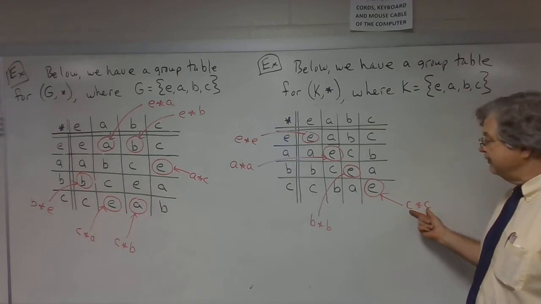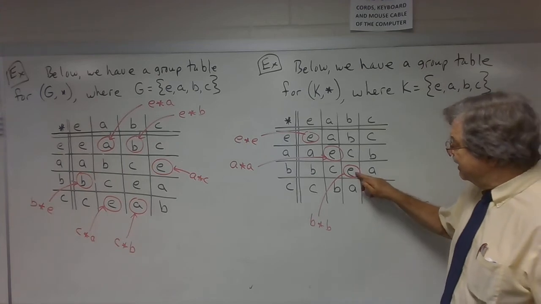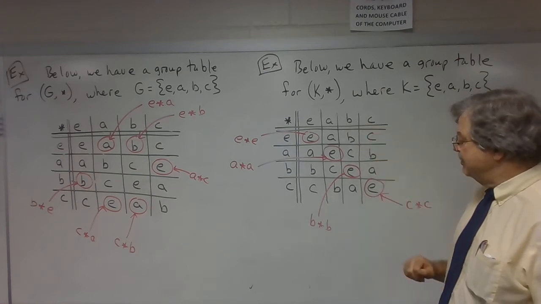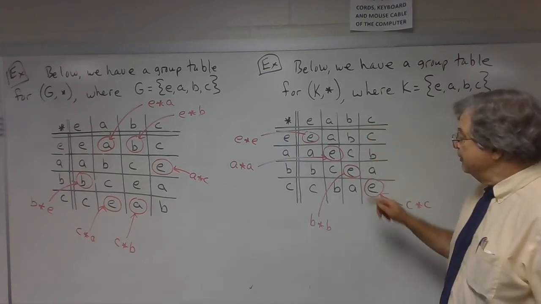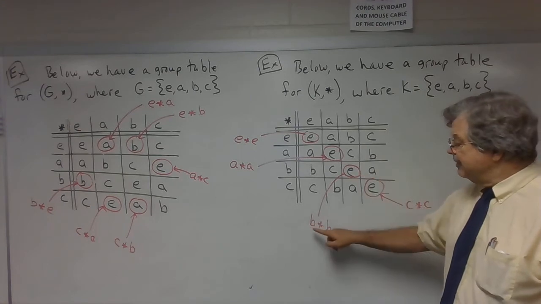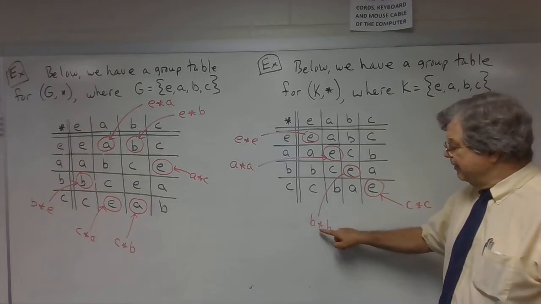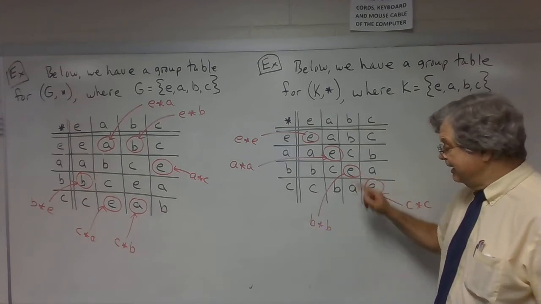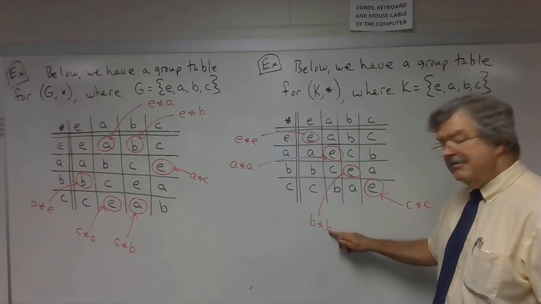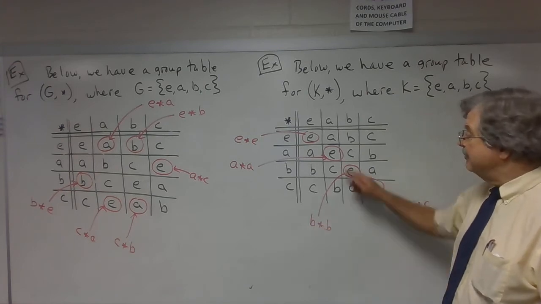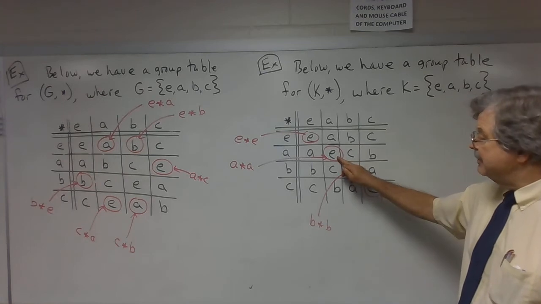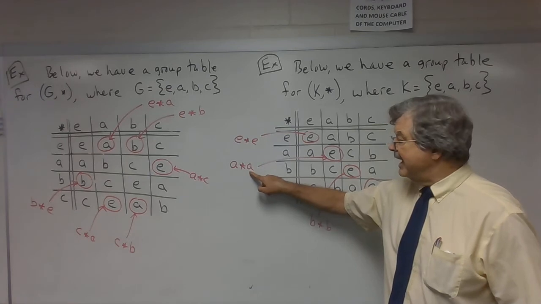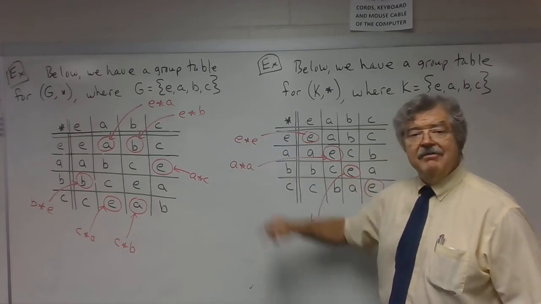C is the inverse of C. Here we have the identity appearing in the row headed by B, in the column headed by B. So E is the element that's assigned to B star B. In other words, B is the element that we multiply B by to get the identity. So B is the inverse of B. And similarly here, E, the identity, is the element assigned to A star A. So A is the inverse of A.